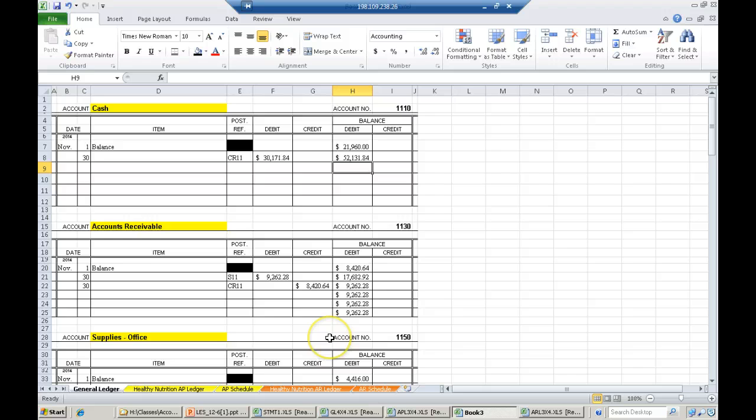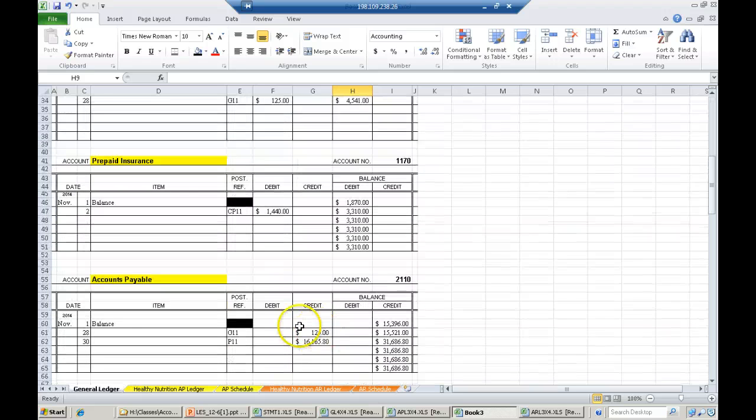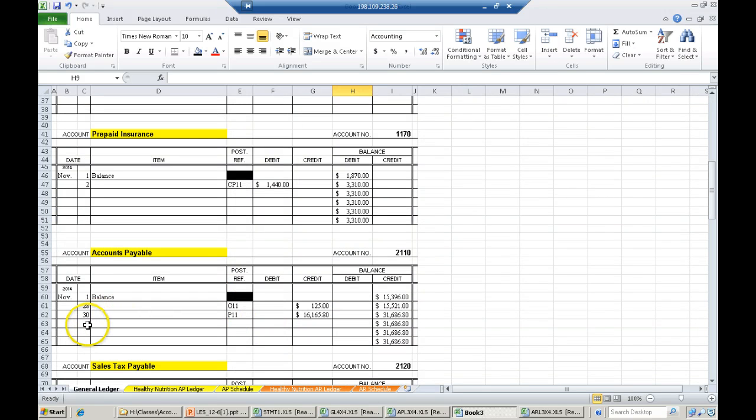So we're going to go to our accounts payable, and again on the 30th, from the cash payments journal, page 11, we have a debit amount of $14,682. Notice that your amount changed. Your total should be $17,004.80.